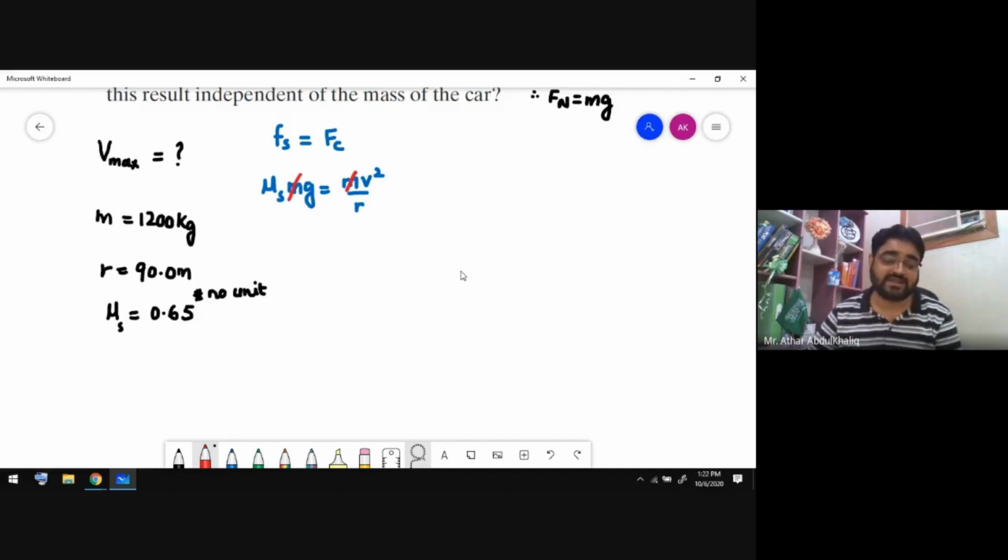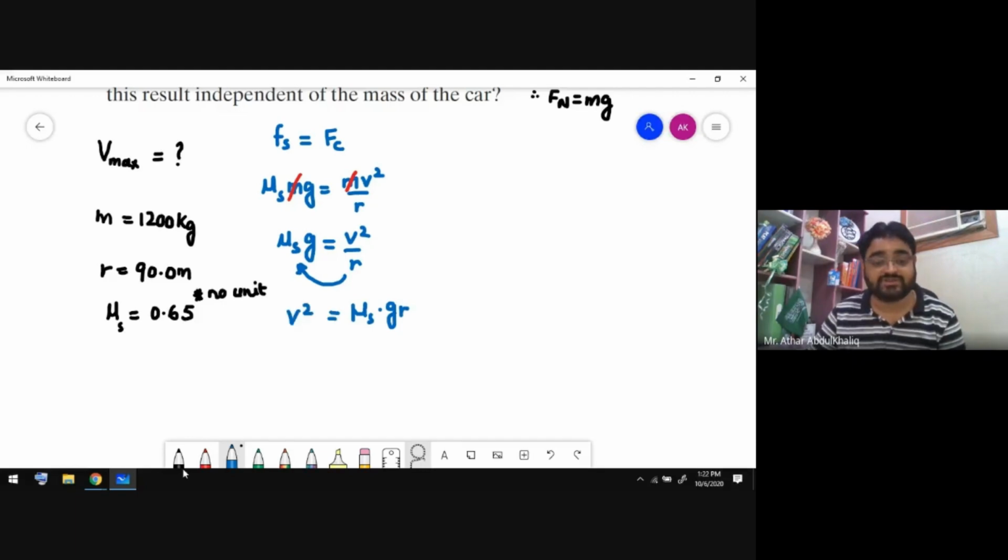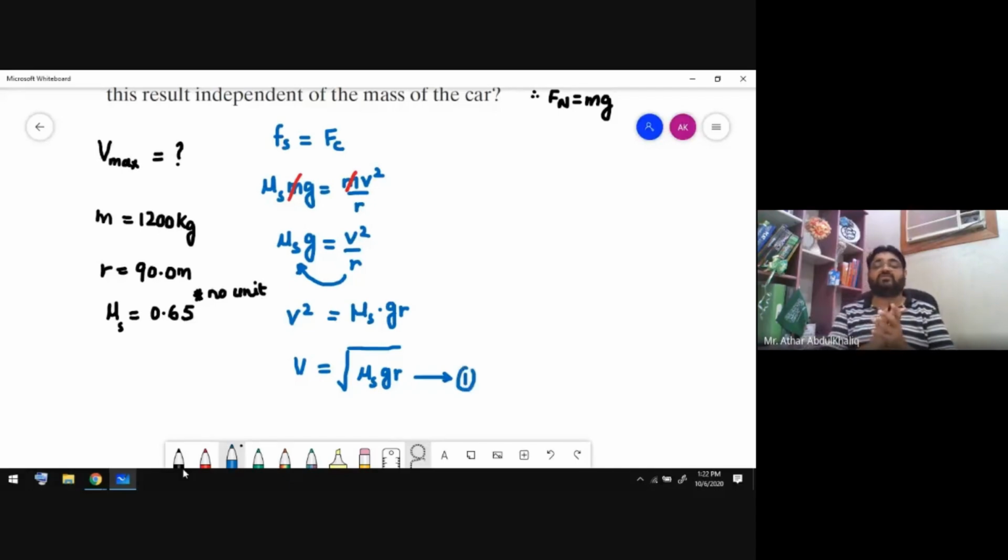When mass is cancelled, the remaining expression is mu s times g is equal to v square over r. As r is divided on this side, I will take it to the other side and it will be multiplied, so it becomes mu s g r is equal to v square. If I need to find v, I will take the square root on both sides, so v will be the radical of mu s g r. Now this is your required expression number one that I am going to use for finding the velocity.